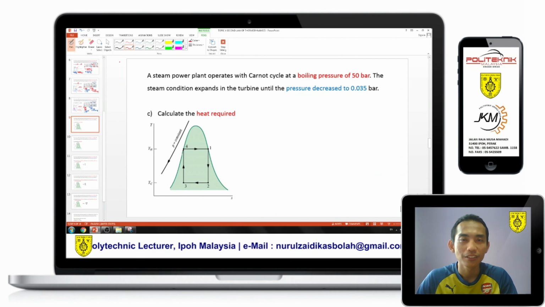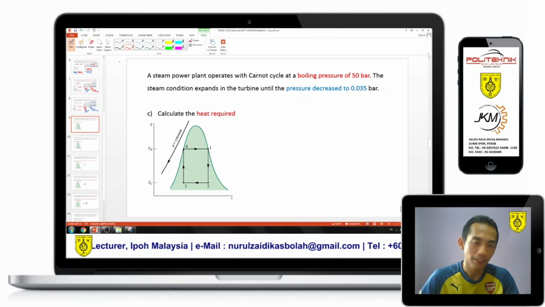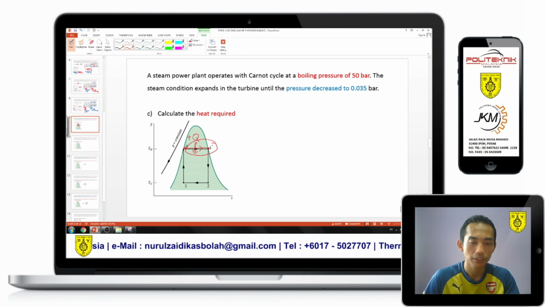Are you with me, class? Good. Now, I will show you how to calculate the heat required. Heat required is the heat added in process 4 to process 1. This section is the boiler section.